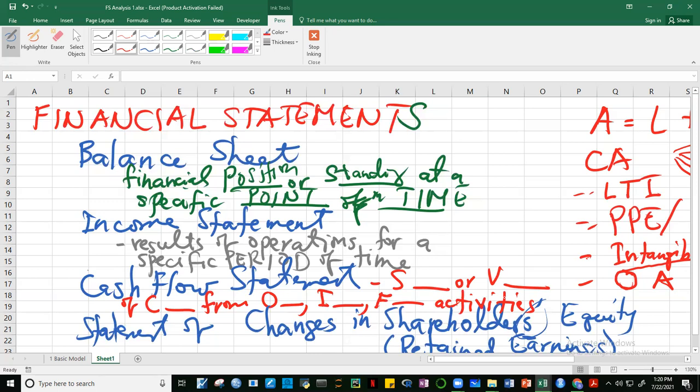Yung OIF niya, tama, no? It's operating, investing, and financing. Okay, what about the first one? So this is operating, investing, and financing activities. So the cash flow statement tells us of the blank or blank of blank from operating, investing, and financing.